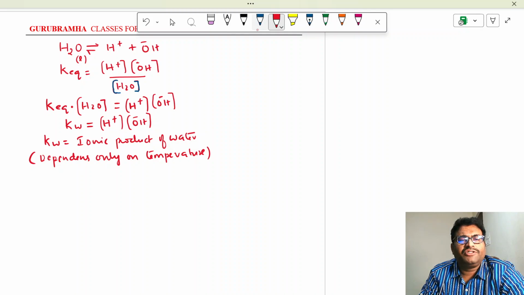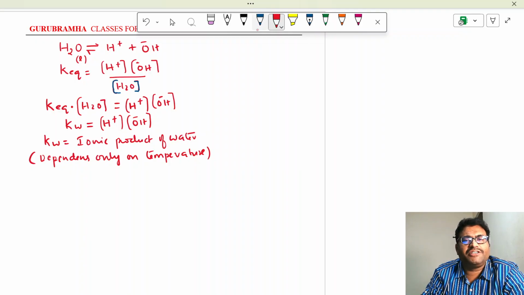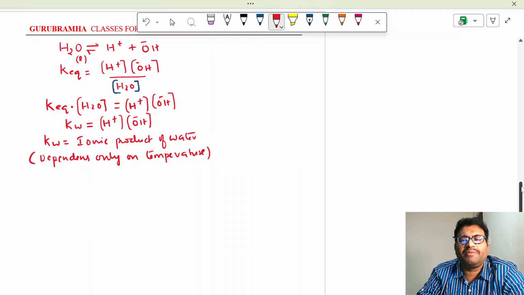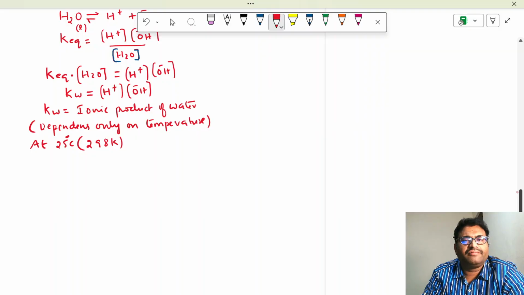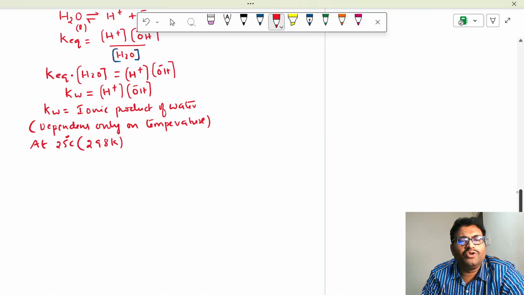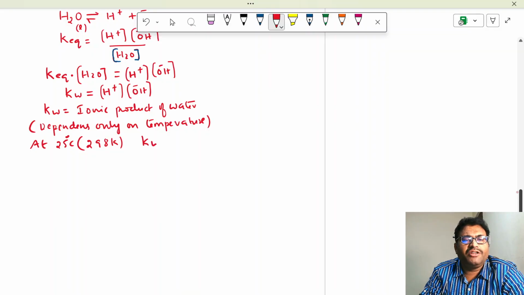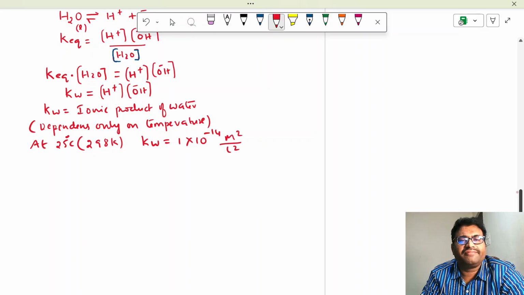So as it depends upon temperature, we need to mention the temperature. 25 degrees centigrade is equal to 298 Kelvin. At 25 degrees centigrade, Kw is found to be 1 into 10 power minus 14 mole square per liter square.